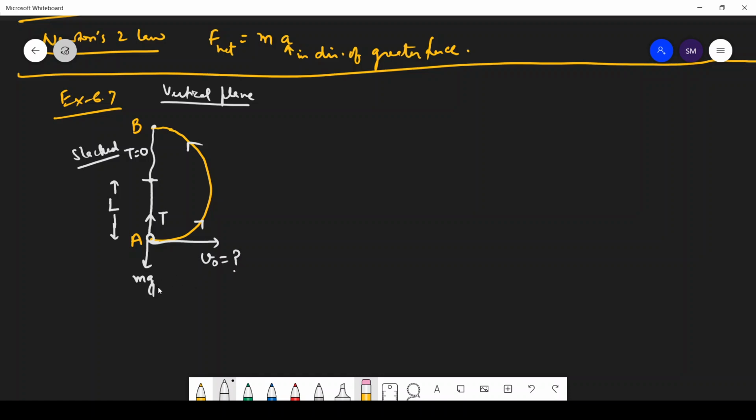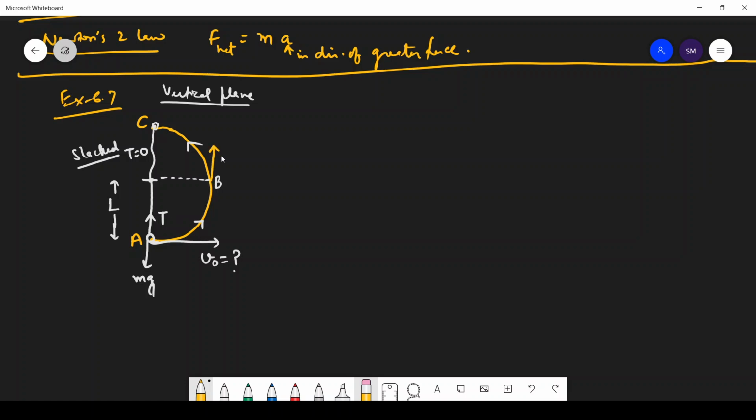What is V naught? And then we have to find the speed at the next point. So this figure is given to us. This is point B. Bob will pass through this point and reach here. So this is actually point C. If this is B, then this is point C. So A, B, C. Now, what is the velocity at this point?